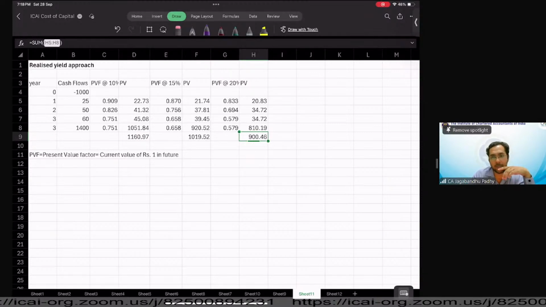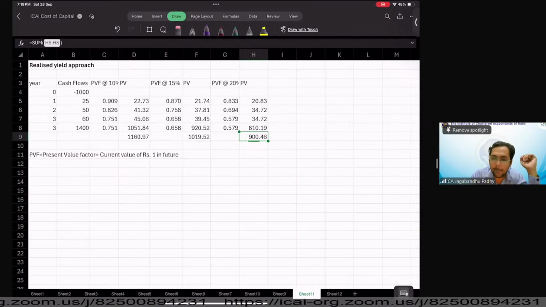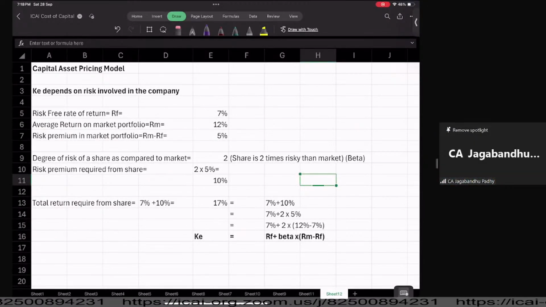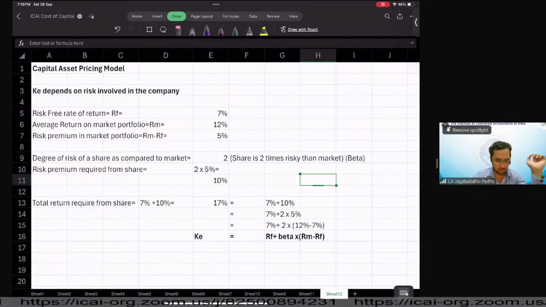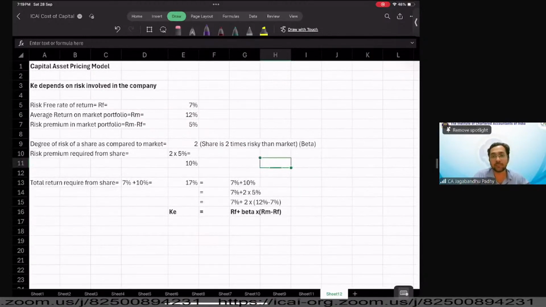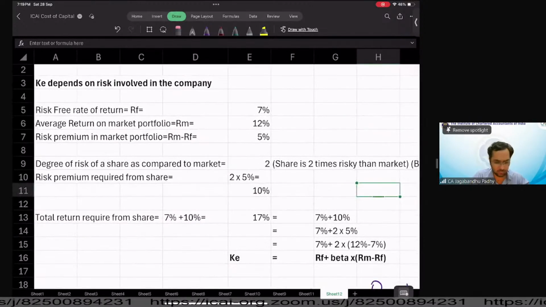Yes, Srini. Hello, sir. Does the market risk remain 1 in all cases, or will it change?